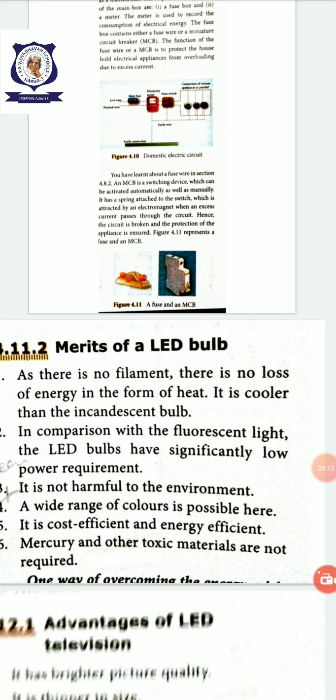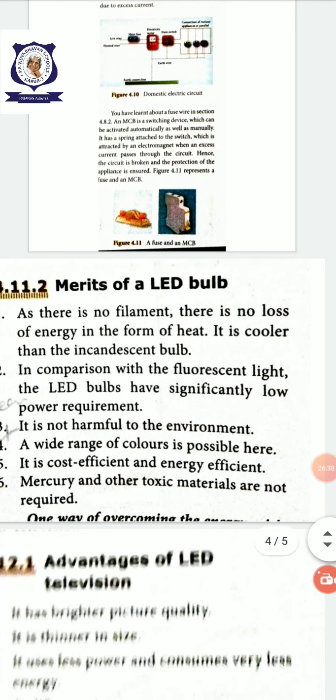A wide range of colors is possible here. Already I told you, while we are using different types of metal oxides, we can produce different colors of light. It is cost efficient and energy efficient. Cost efficient means low cost. The mercury and other toxic materials are not required.